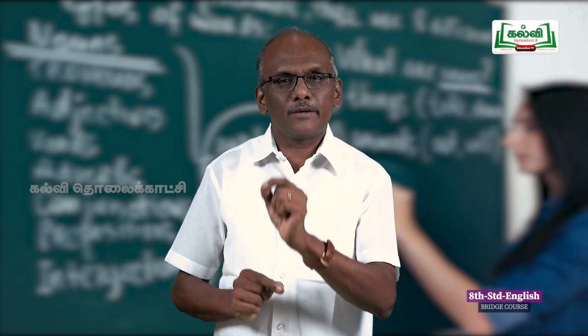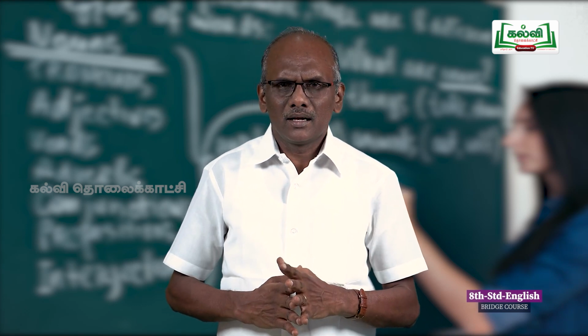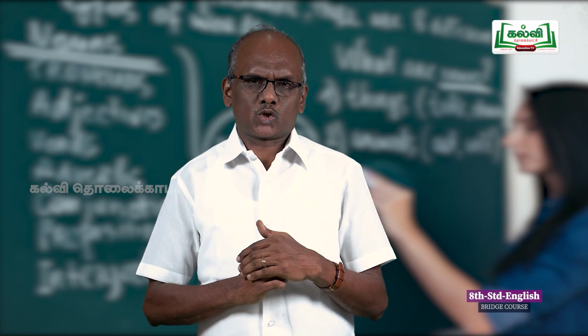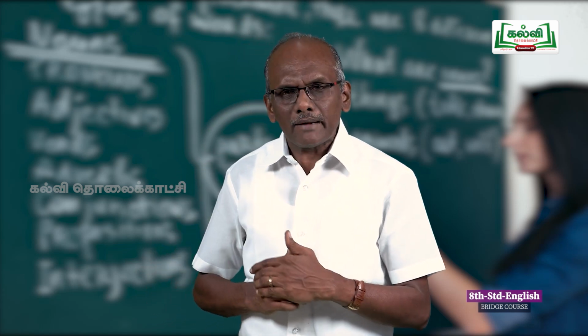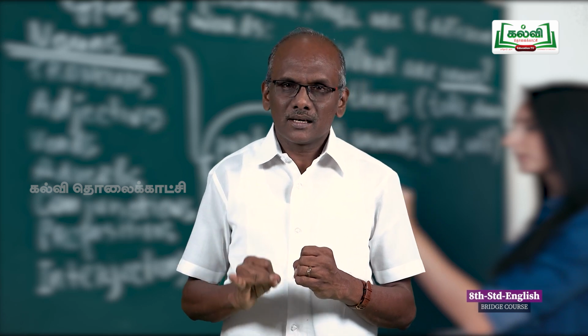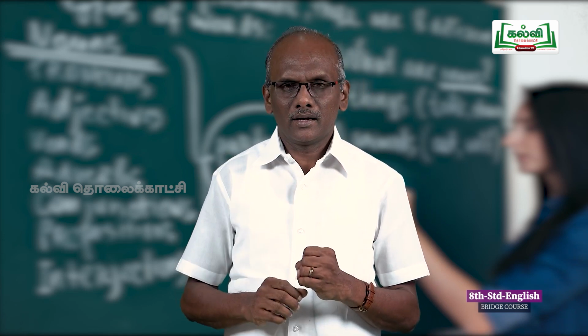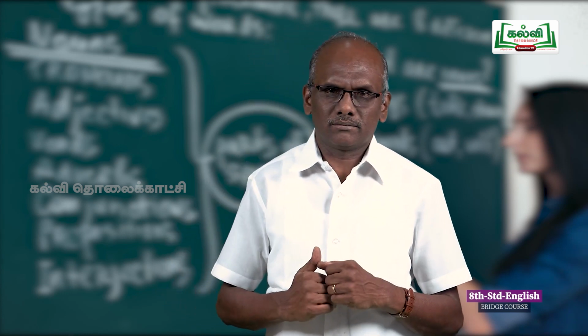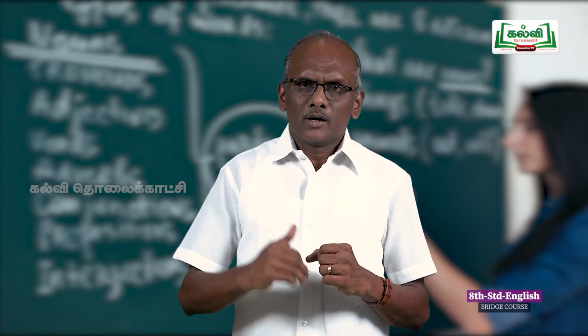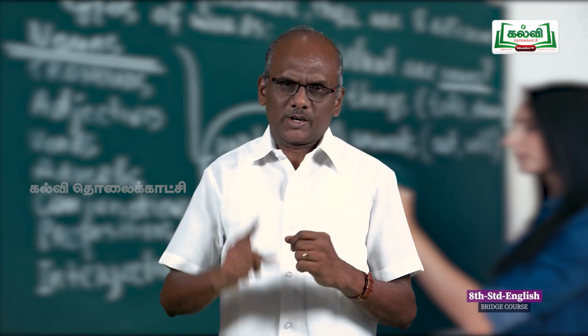the contracted verb form. For example, let us take the be verbs. What are the be verbs? Am, is, are, was, were. Let's go one by one. First I take is plus not.